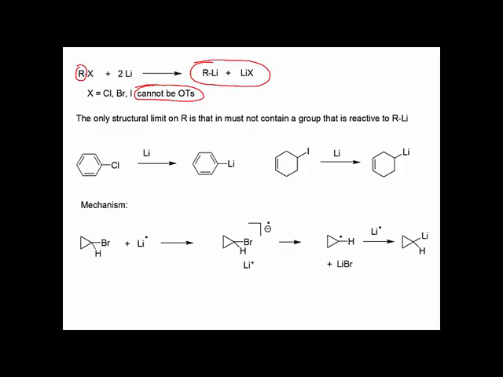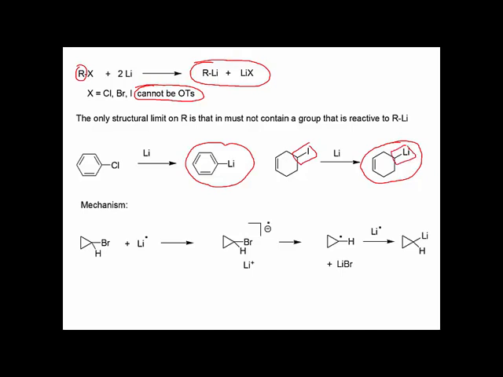So chlorobenzene would react with lithium to make phenyllithium. This alkyl iodide here would react with lithium to make the compound where iodine is replaced by the carbon-lithium bond.